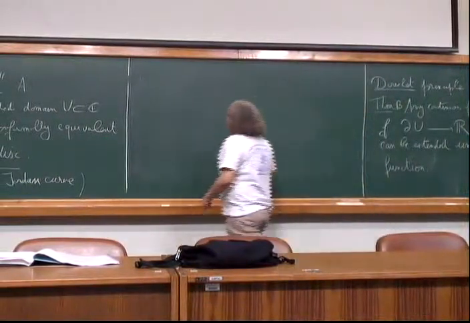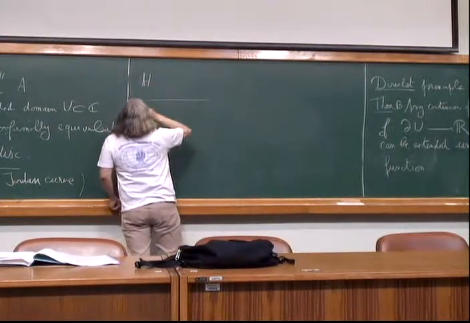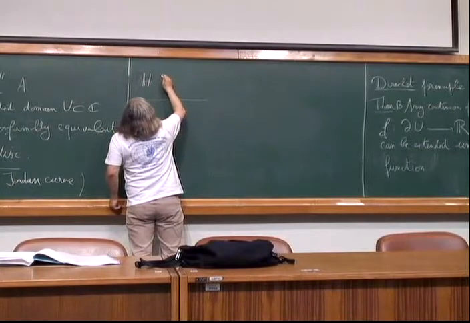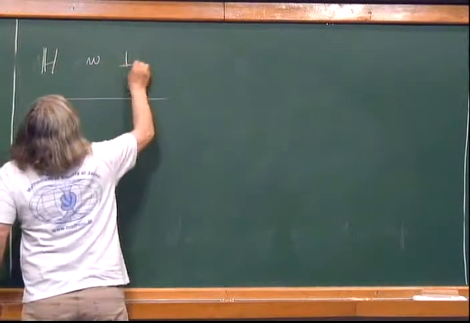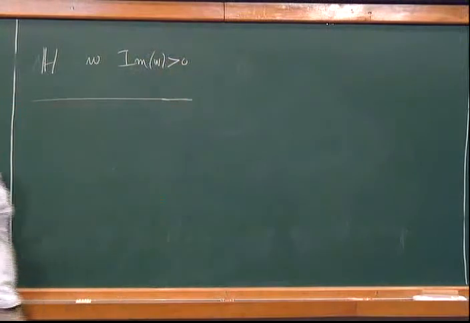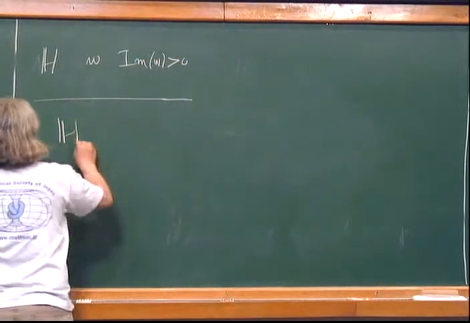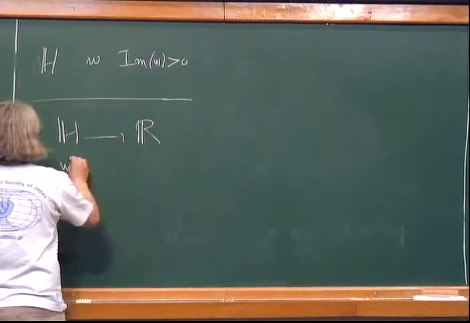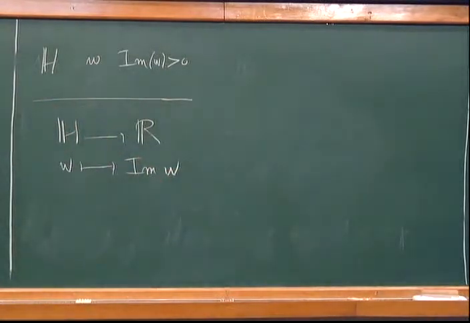Suppose you take the upper half plane, H, the complex numbers w with imaginary part of w positive, and you consider the function on H mapping w to the imaginary part of w. Since this is the imaginary part of the holomorphic function w, it's a harmonic function.